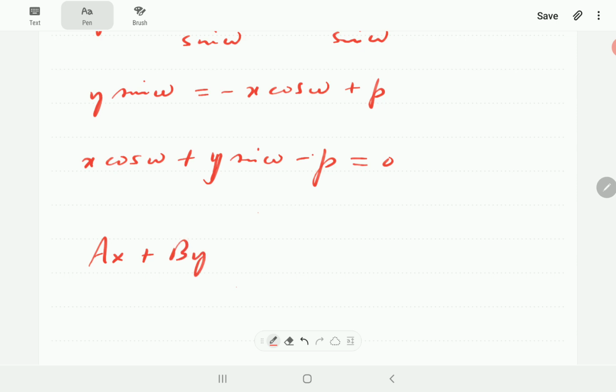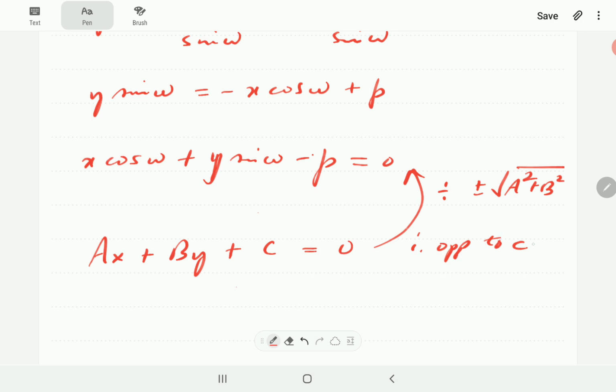So if we've got ax plus by plus c, we convert to the normal form by dividing by plus or minus the square root of a squared plus b squared. The sign is going to be taken to be opposite to that of c if c is non-zero.